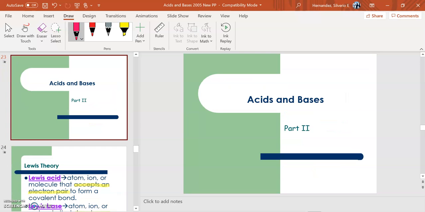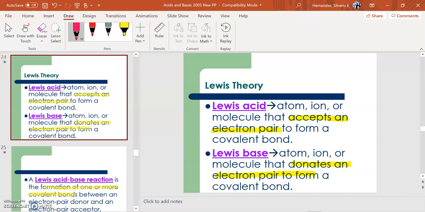The next part is going to focus on the Lewis acid and Lewis base theory. Again, these were molecules that didn't fit the Arrhenius or the Bronsted-Lowry definitions. So Lewis came in and identified one more way that we could tell an acid from a base for certain compounds.